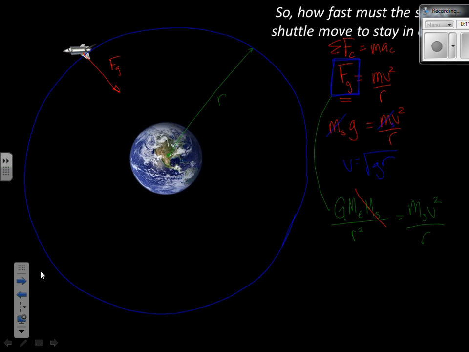M shuttle goes away. Also, we've got an r here and two factors of r there, so the squared goes. And notice what we get: v is the square root of G m_e over r.